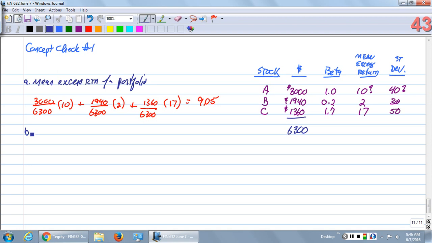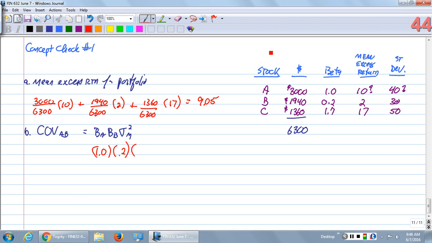Question B. They're asking for the covariance between asset A and asset B. Okay. That's easy because we've got this great formula. Remember, the covariance of asset A and asset B is equal to the beta of A times the beta of B times the variance of the market. So we've got beta of 1 times the beta of asset B, which is 0.2, times, oh, I left off something.